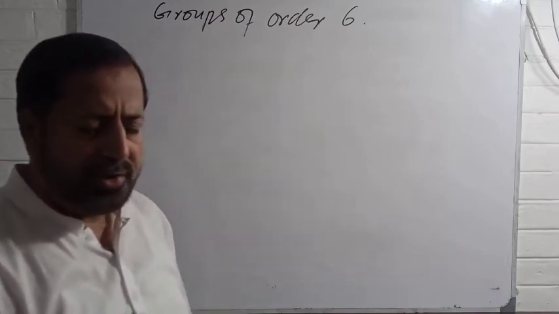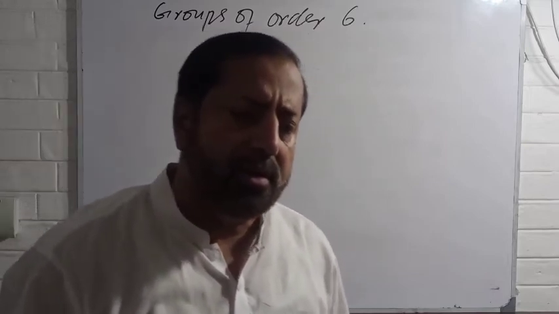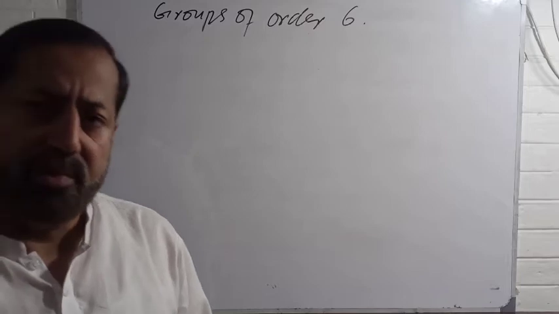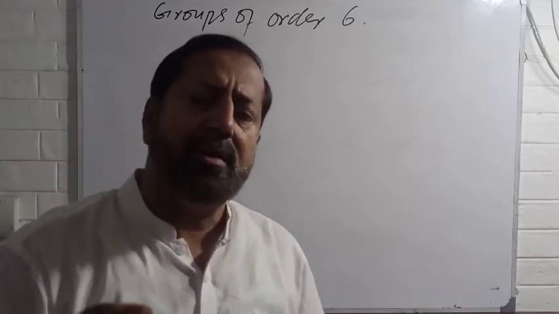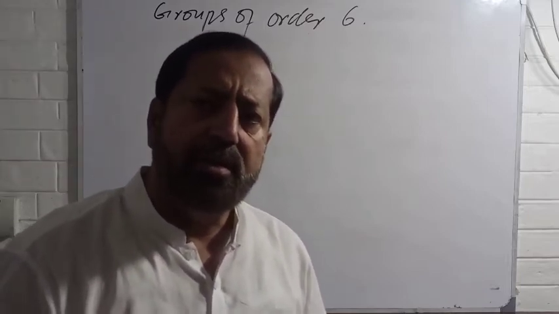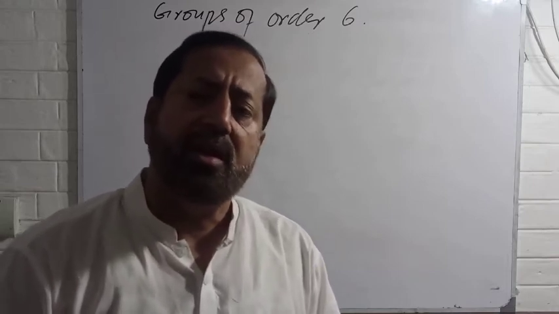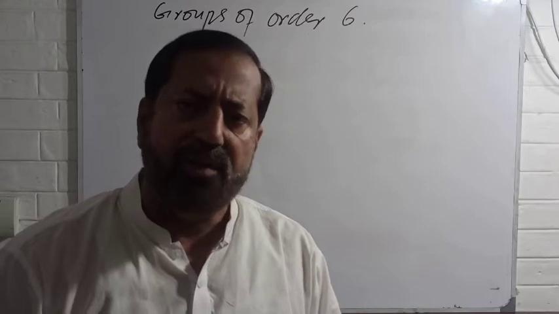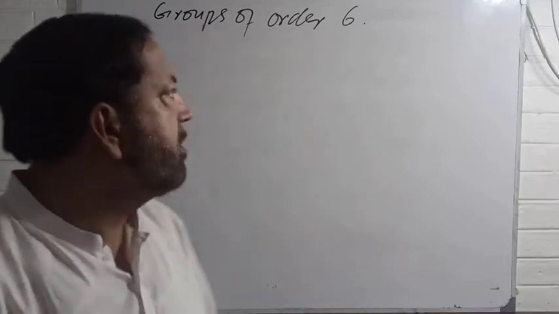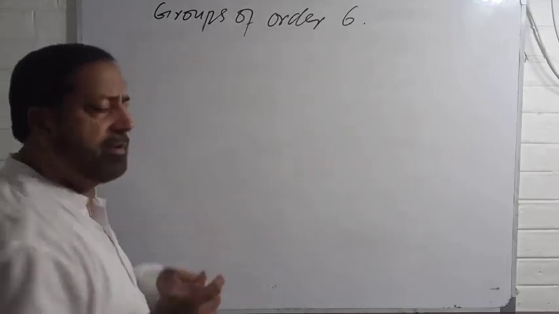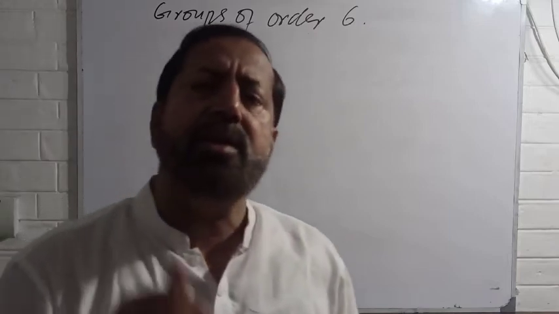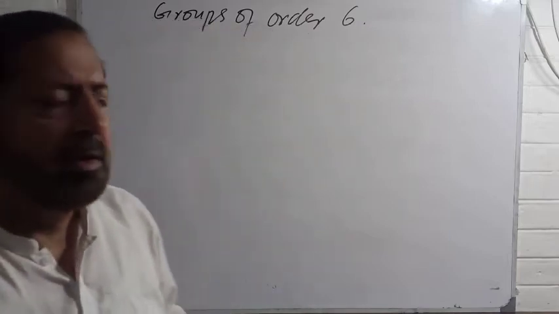Similarly, I can establish that up to isomorphism, there exist exactly 2 groups of order 6. One is C6 and the other is S3, which is isomorphic to D3, right? So I can show with the help of Sylow's theory that these are the 2 possible groups.